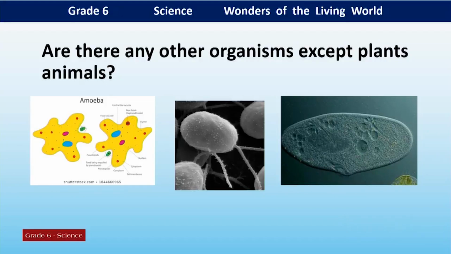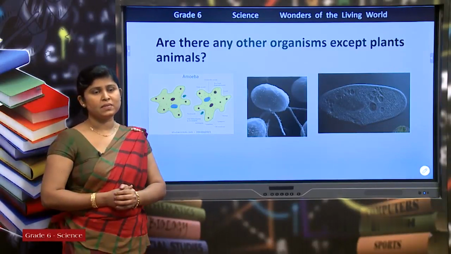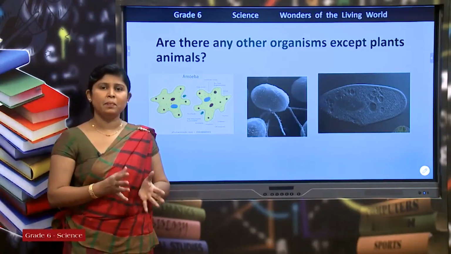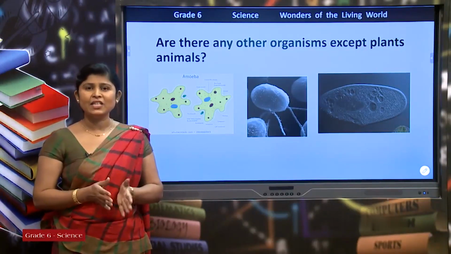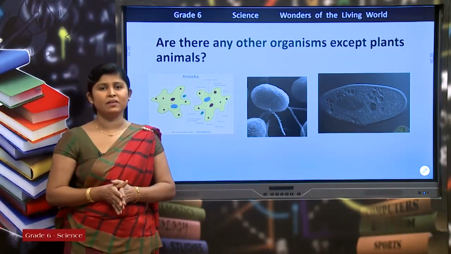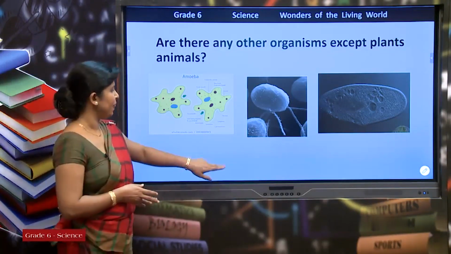The word micro means very small. So, these organisms are known as microorganisms. Then you have to understand that our environment consists of plants, animals. In addition to plants and animals, there are microorganisms also living in our environment, but we can't see them.